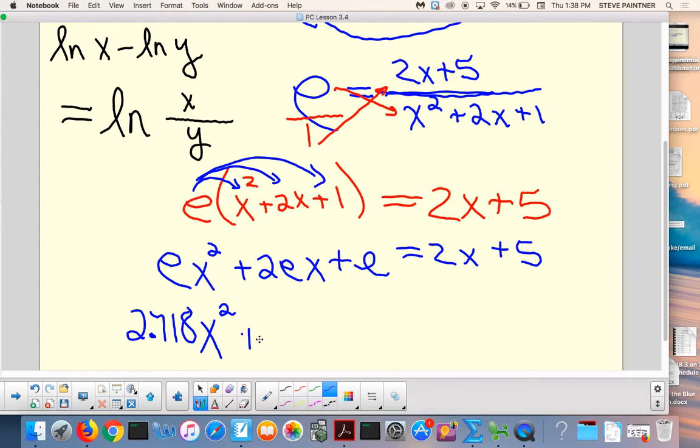Plus 2 times 2.718 is 5.436, plus e. e is what? 2.718. Okay, there you go.